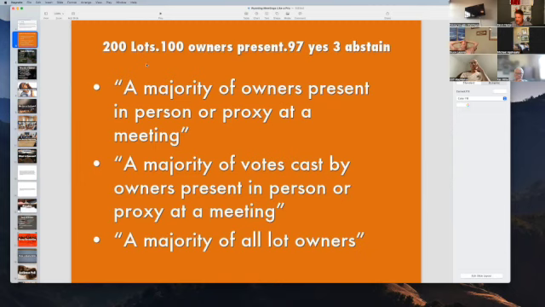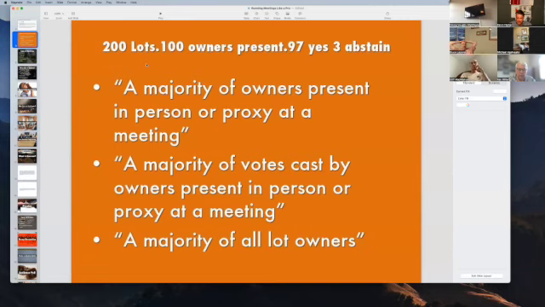What do you think it is? 101. A majority of owners present. How many owners are present? 100. So a majority of 100 is 51. And we're going to assume quorum has been achieved. This would be 51. Everyone on board? Bruce, you agree? I agree. Now let's go to this next one.